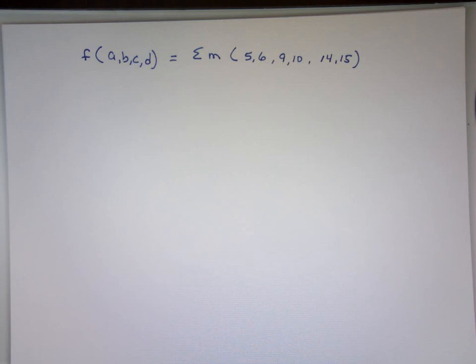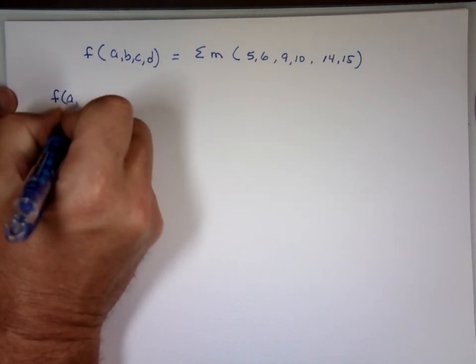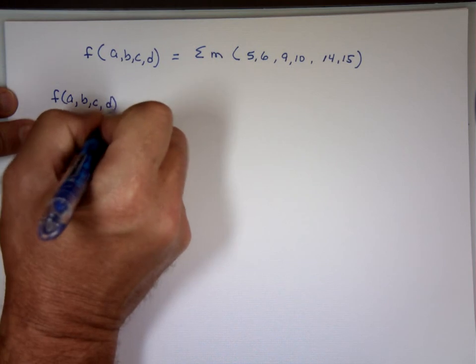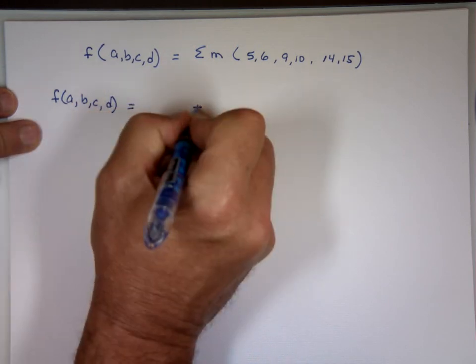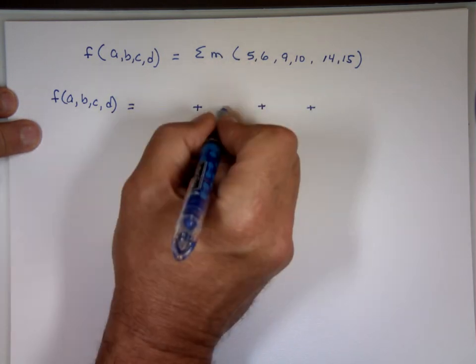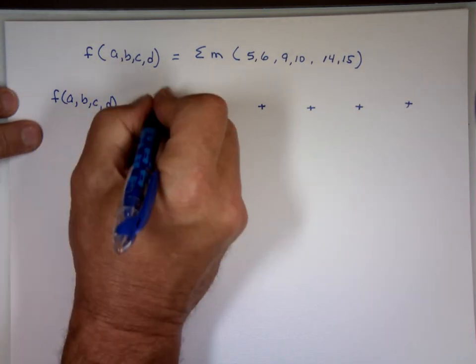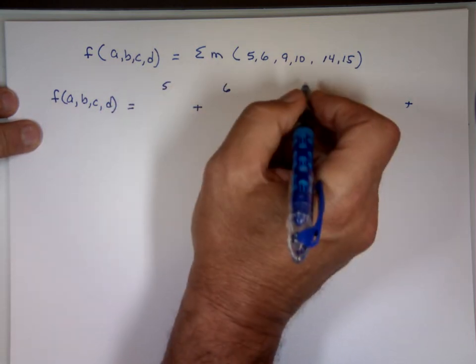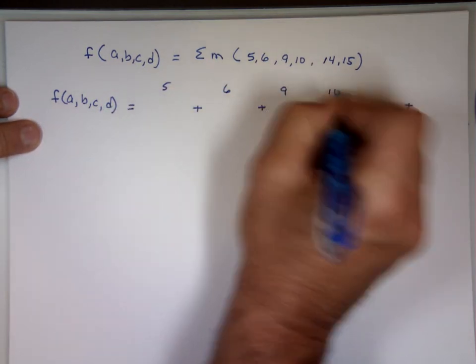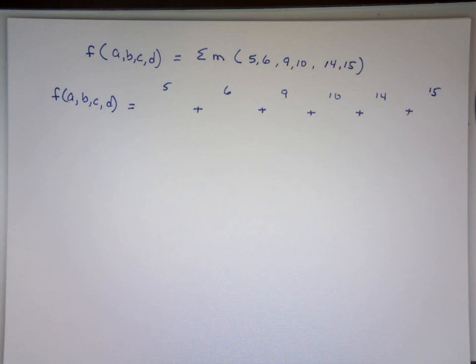Now I'm using 4 variables. I can write the expression for it. So summation 5, 6, 9, 10, 14, and 15. Using 4 variables. What's a 5 in binary? 4 bits here. 5 is what?